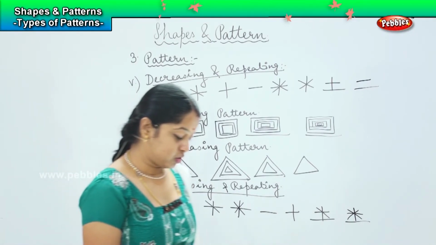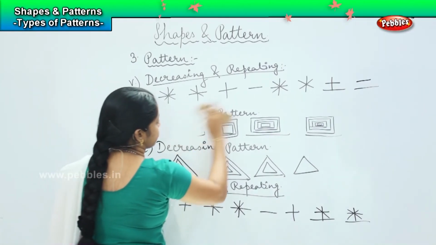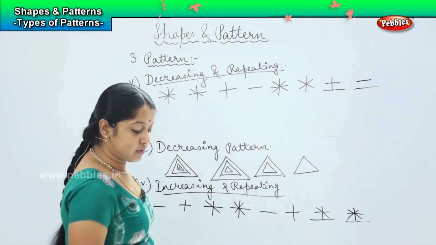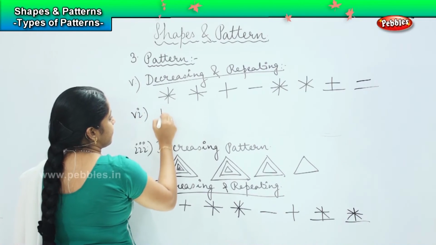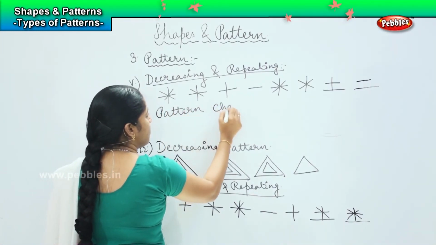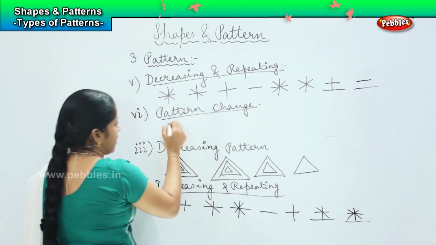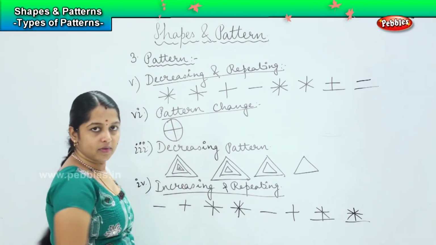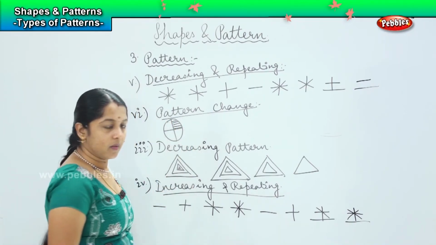Clear? So, the next one is the pattern changing. The sixth one which we are going to see is called pattern changing. So, what do you mean by pattern change, children? Say now, I take a circle, okay, and I shade this part. Okay.